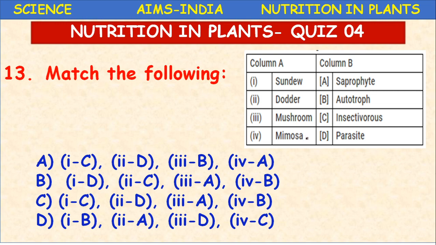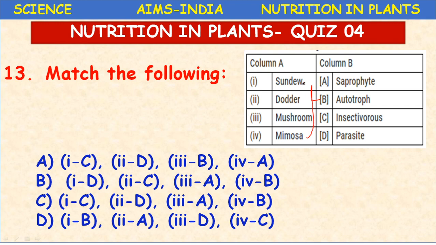Mimosa means it is a green plant, a mesophyte which lives on land. So it is an autotroph. Mimosa is an autotroph. So start matching like this. Okay, are you trying? Yes.